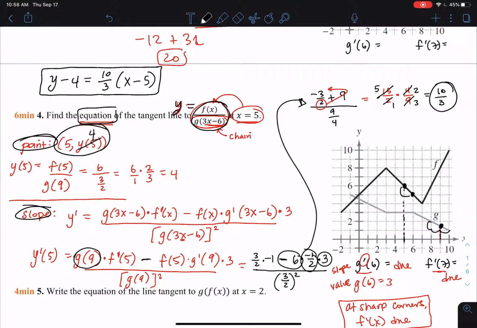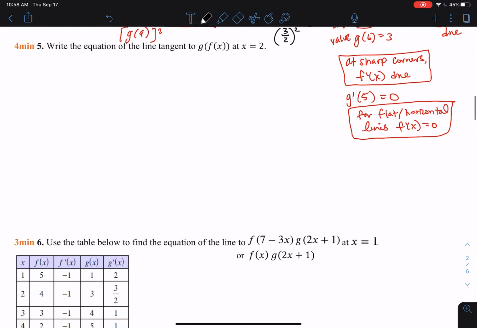Now, when I was taking the derivative of the bottom, that involved a chain rule as well. So hence we did g prime of 3x minus 6 times the derivative of the inside. That is where students make their most mistakes. We plugged in x equals 5 then to get the slope, which was 10/3, and we used our point and our slope in our formula to answer the question.